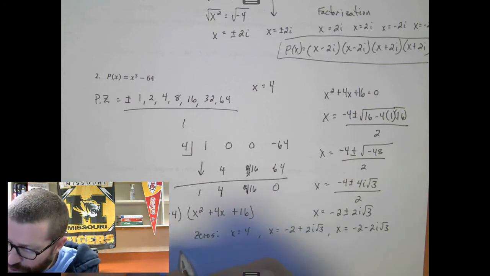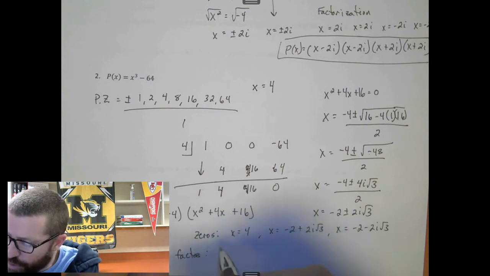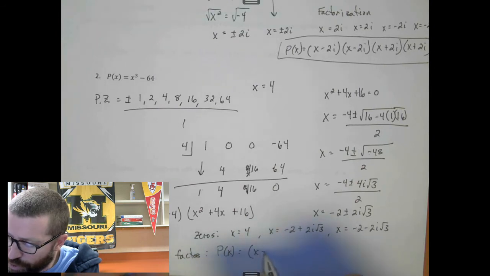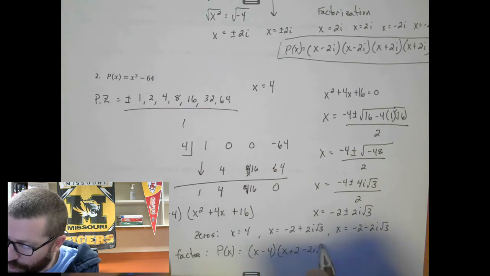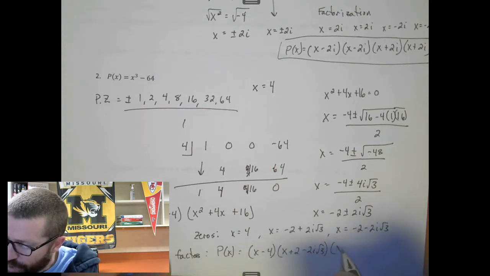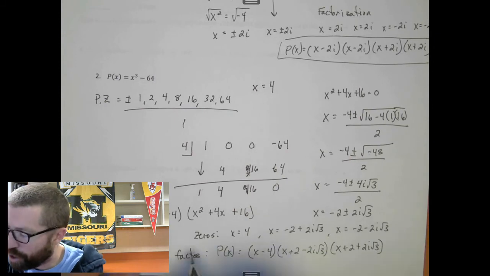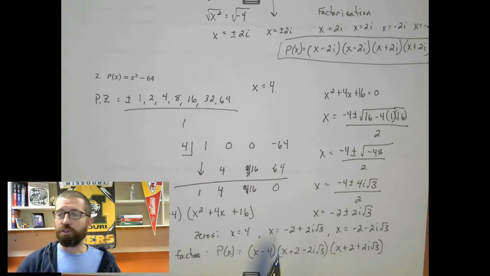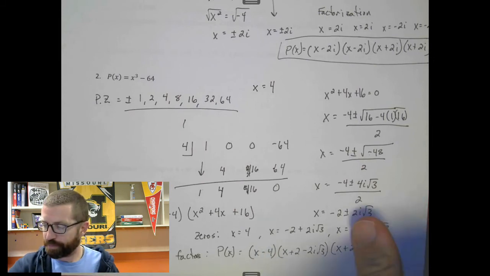So your factors would be p of x is equal to x minus 4, and then x plus 2 minus 2i square root of 3, and then x plus 2 plus 2i square root of 3. So pause the video and make sure you can figure out where these zeros come from and then where each of these factors come from.